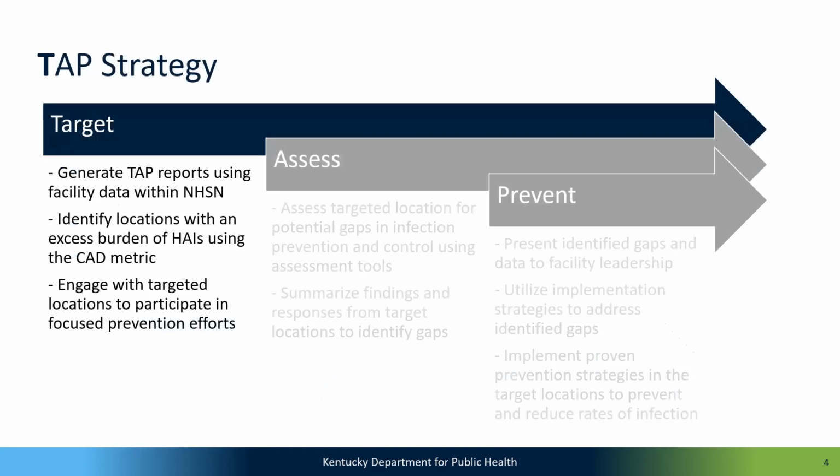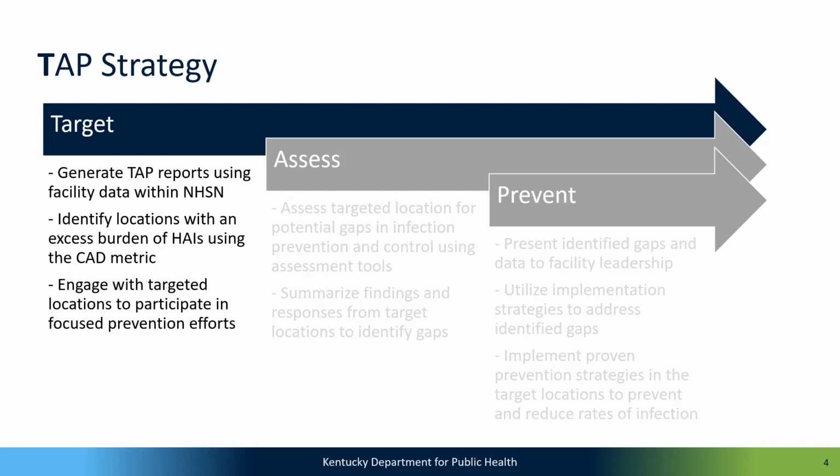So now let's break down the steps involved in identifying our targets using the TAP strategy. This is where we can transform our data into action. The initial step in the strategy begins with the generation of the TAP reports, which is the process that focuses on tapping into the available facility level data within NHSN.